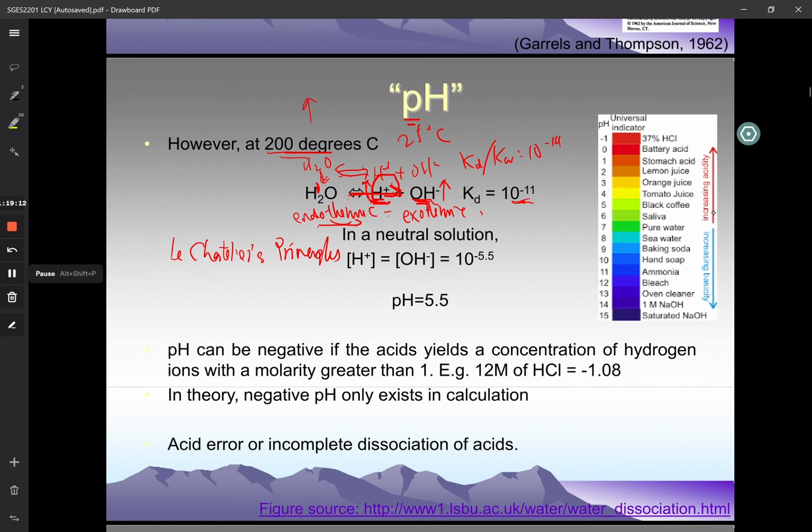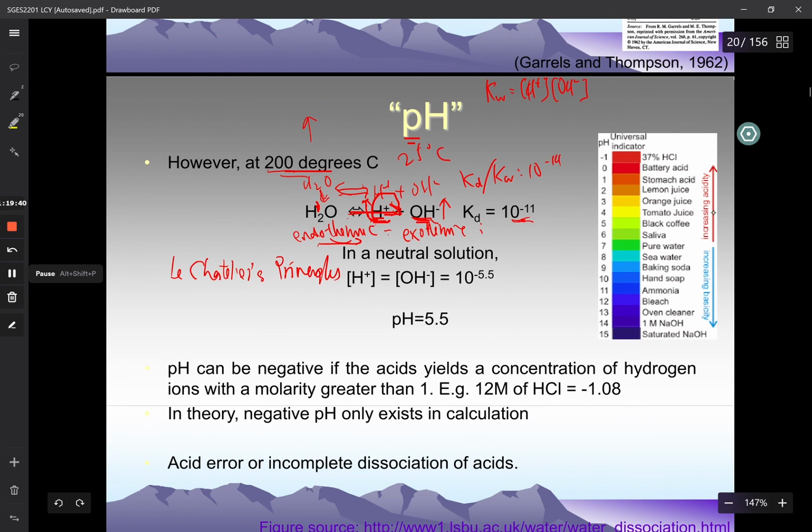So when the concentration of both of these ions increase, if you still remember, how do we write out the equation for the Kd, or the Kw? It is the product over the reactant, right? So this is the product, and then over the reactant H2O here, which is liquid.